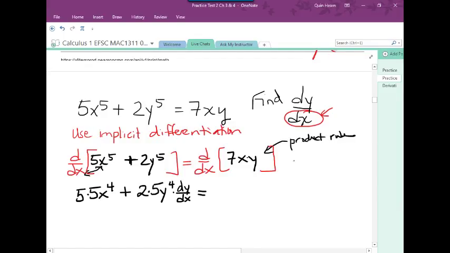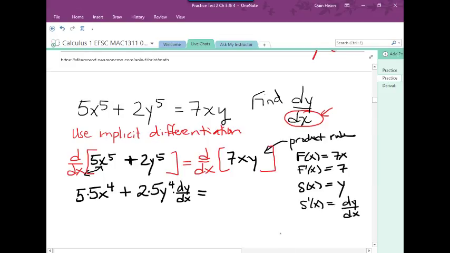So for the product rule, again, you have the first function, f of x is 7x, and the second function is going to be y. And so the derivative of f with respect to x is going to be 7, and the derivative of y with respect to x is dy dx.